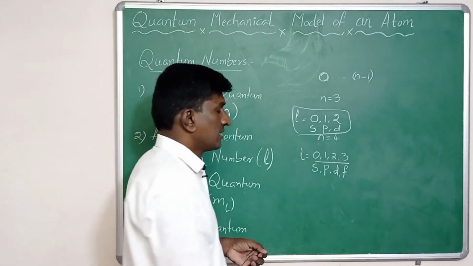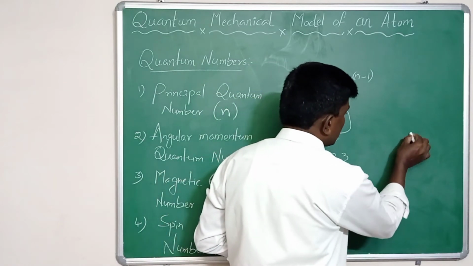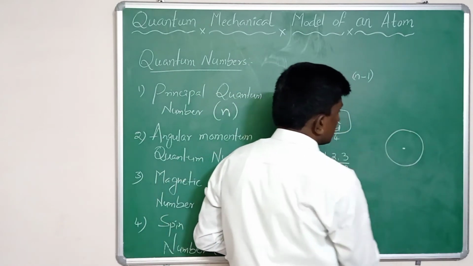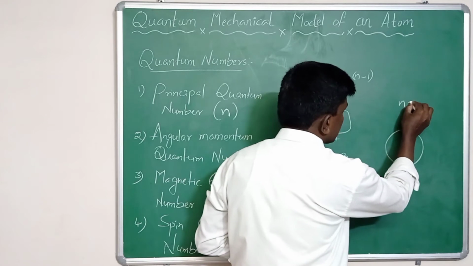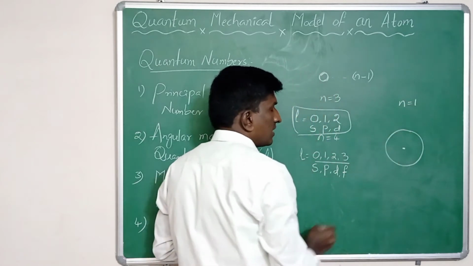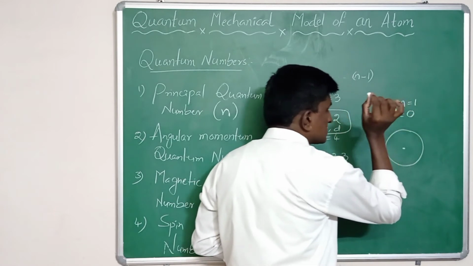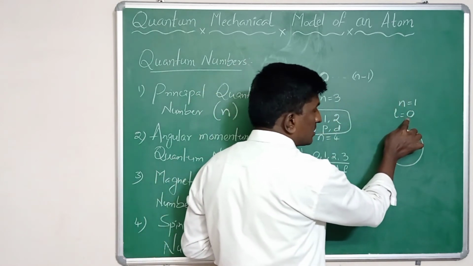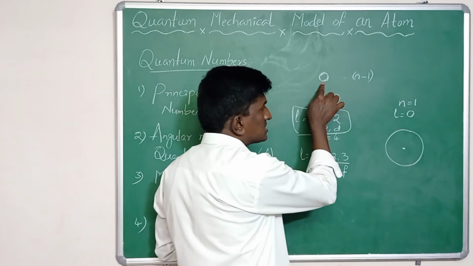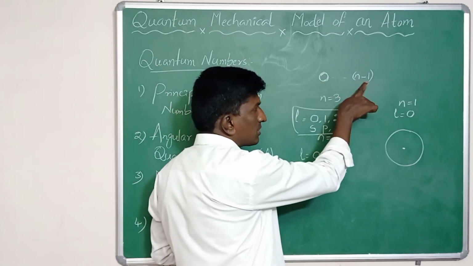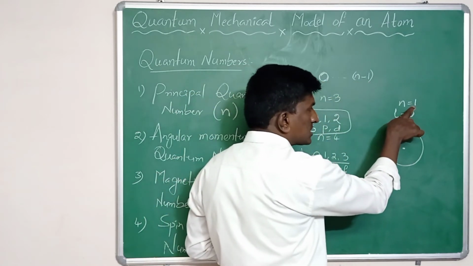Then, if the subshell belongs to the first orbit, the principal quantum number is n equals 1, and only one L value is possible. That is 0, because the minimum is 0 and the maximum is n minus 1, so 1 minus 1 is also 0.